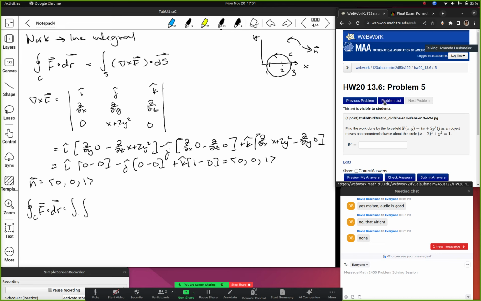So I'm going to have to set up a double integral of del cross f dotted with n dS. But my del cross f dot n is going to be 0, 0, 1 dotted with 0, 0, 1.